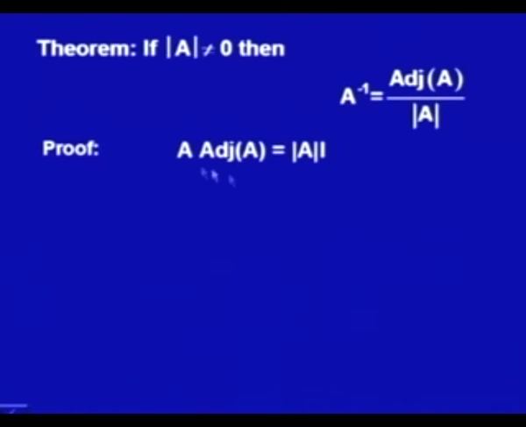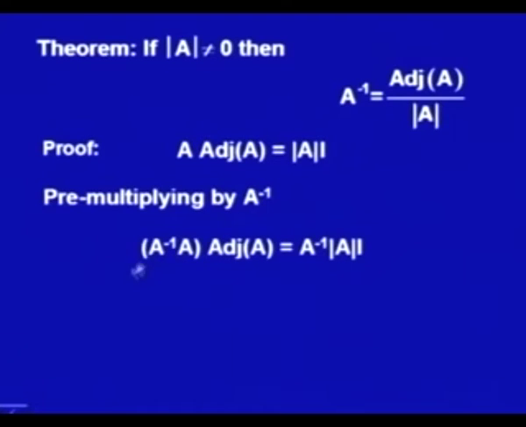Now, to prove this, let us consider the product A adjoint A, and we will prove that this is determinant A times I. So, using the result we have already established, we pre-multiply it by A inverse. A inverse A becomes the identity, and determinant A can be taken outside.